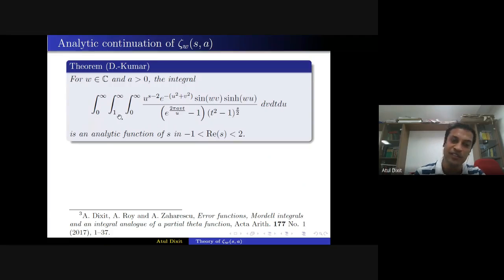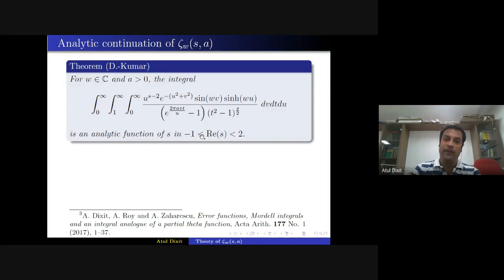Actually, it consumed about 6 pages of the paper because one had to very carefully and painstakingly go from one integral to the double integral to the triple integral and try to prove the analyticity. But it is only analytic in this region, minus 1 less than real s less than 2.